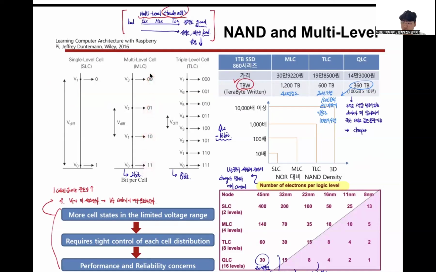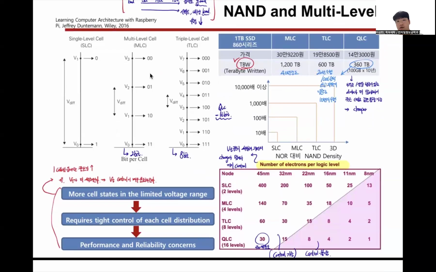And the triple-level cell, TLC, can have three bits, eight states, in one cell. So we can see the VT window: in the same threshold voltage window, more states of information are integrated.